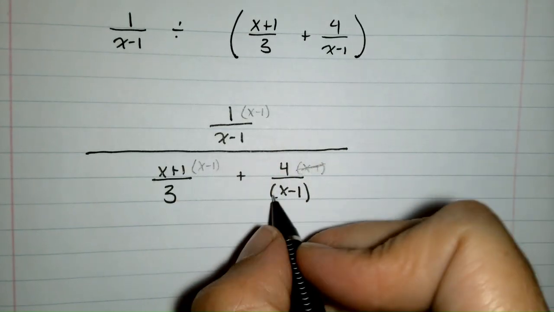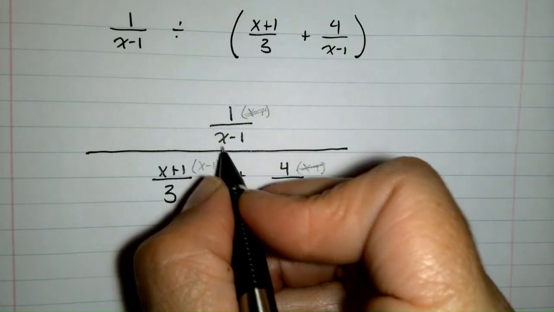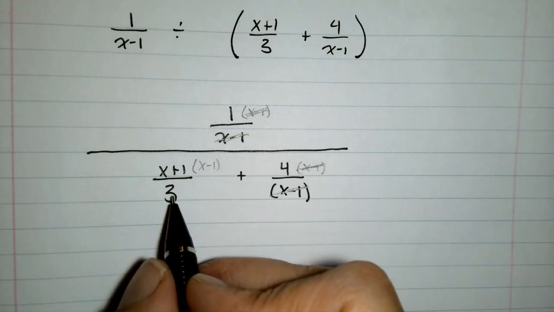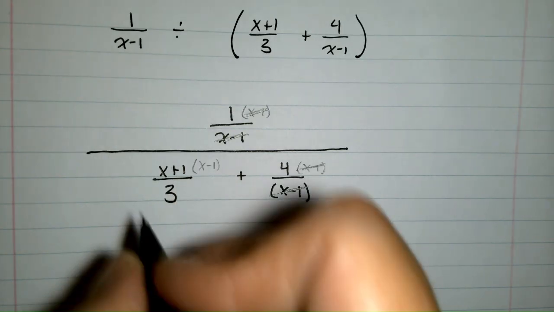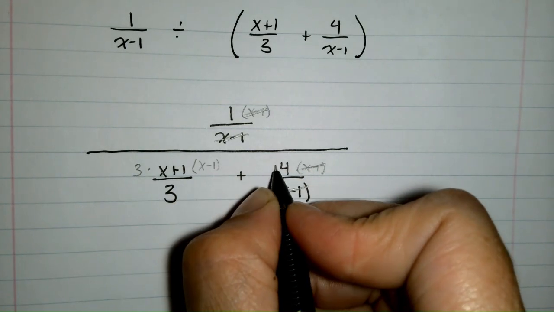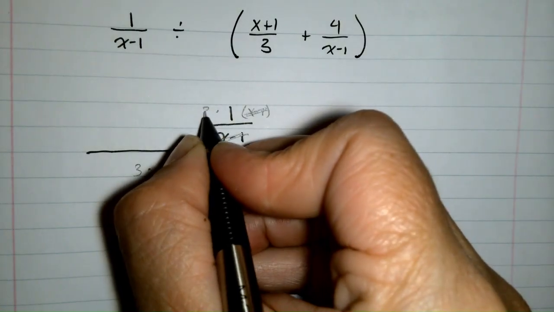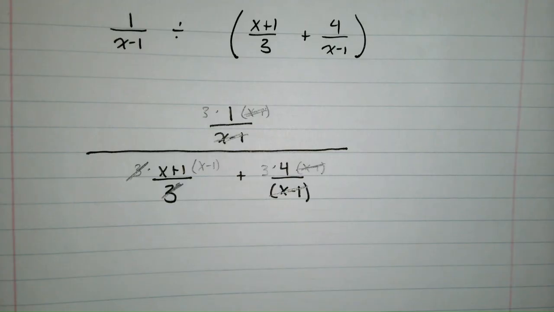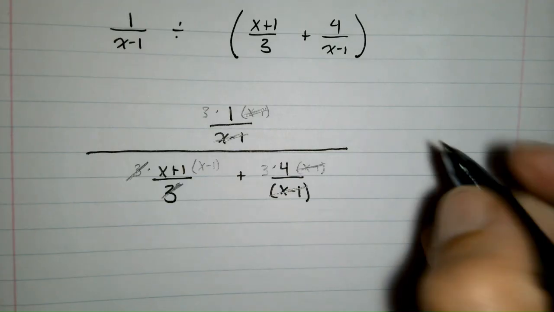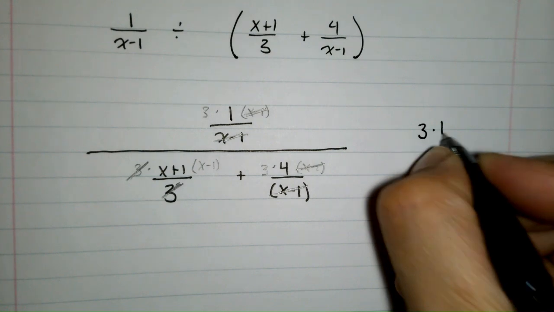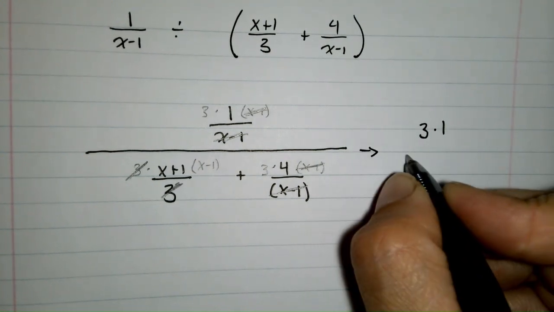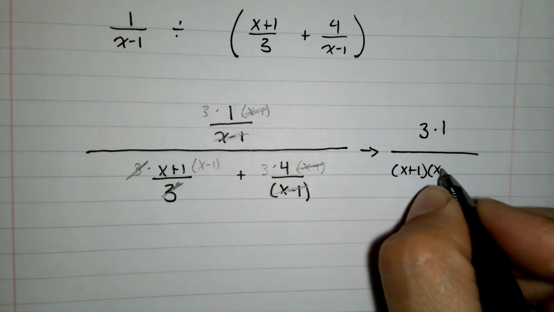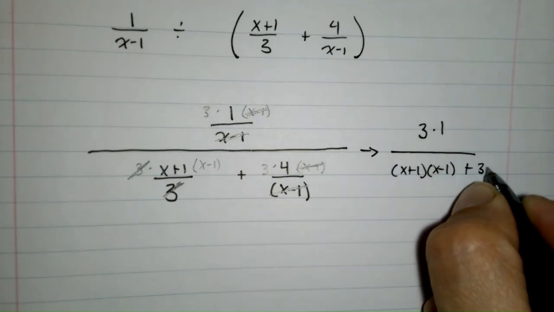That took care of that. But I still have a, I call them a mini denominator. So I have a denominator inside the denominator. So now I'm going to multiply everything by 3. That cancels this 3. Now, what I have left in the numerator is 3 times 1. What I have left in the denominator is x plus 1, x minus 1, plus 3 times 4.